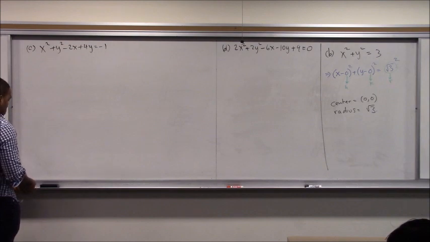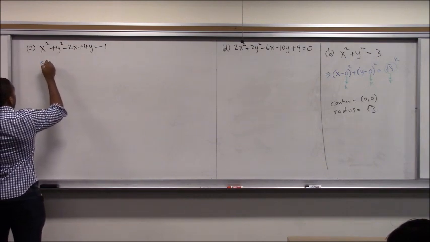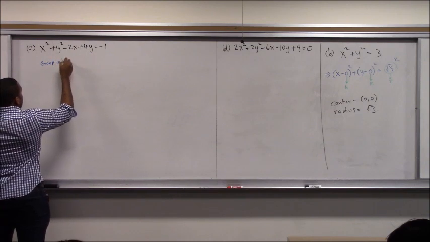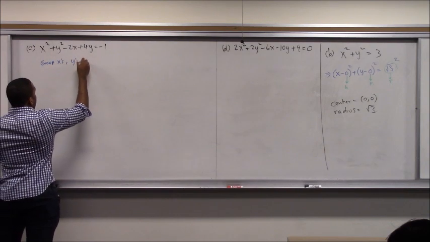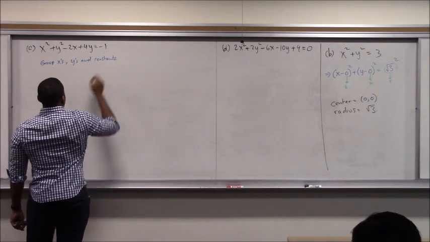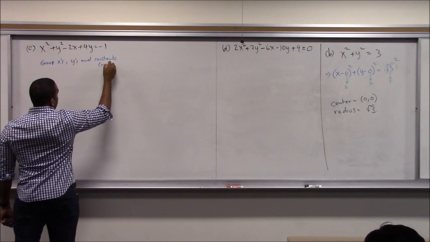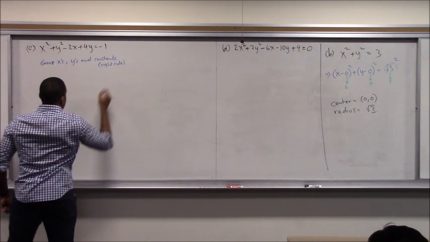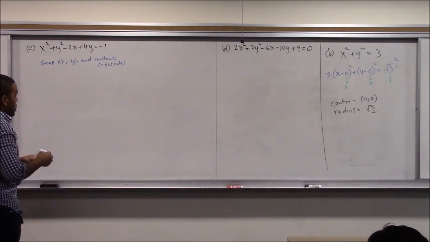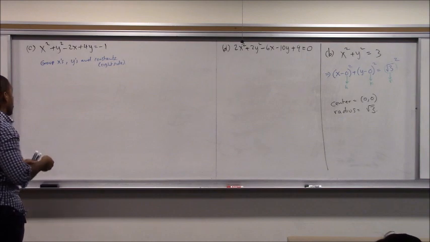Okay, combine like terms. So first, what we would do is group x's, y's, and constants. And constants we can put on the right side. So the first thing I'm going to do is just a rearrangement, put things in a nice order before I do anything.